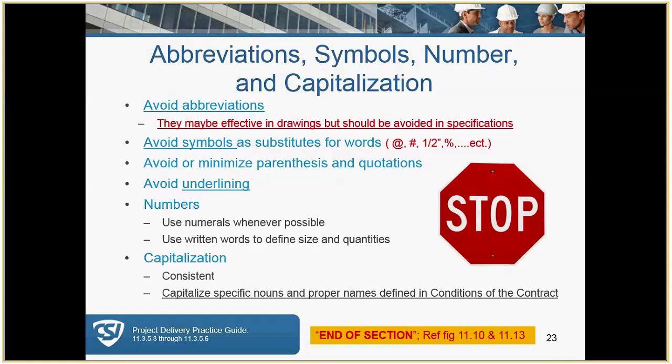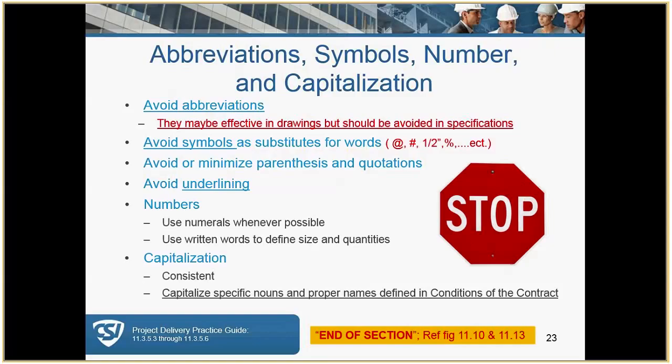And be consistent with your capitalization. Just standard English. But keep in mind that there are proper nouns and proper names defined in the conditions of the contract. Like the contractor is always spelled with a capital C. The architect is always spelled with a capital A. The owner is always spelled with a capital O because you're defining particular parties within the contract.